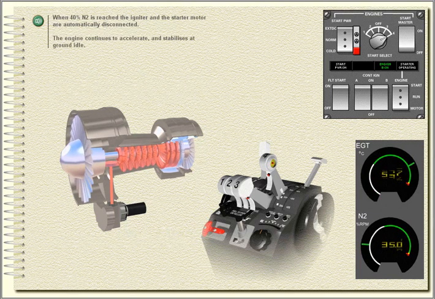When 40% N2 is reached, the igniter and the starter motor are automatically disconnected. The engine continues to accelerate and stabilizes at ground idle.